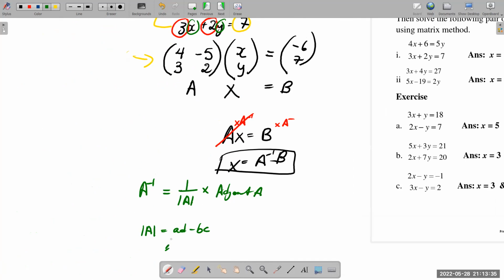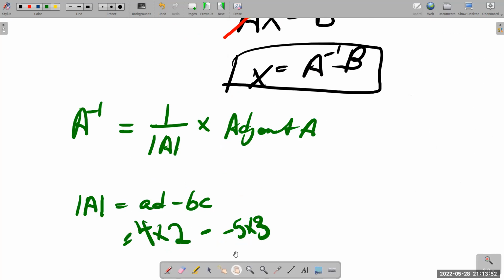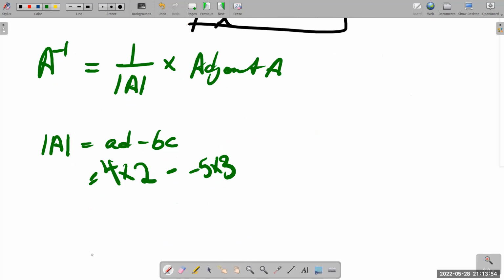So A is 4. So that's 4 times 2. And please just back check everything for me. And then that's minus. And then what is B? B is negative 5 times 3. So let's zoom in now that we have our values. So what we're going to end up with is 8 plus 15.